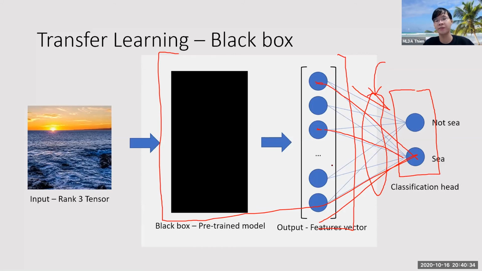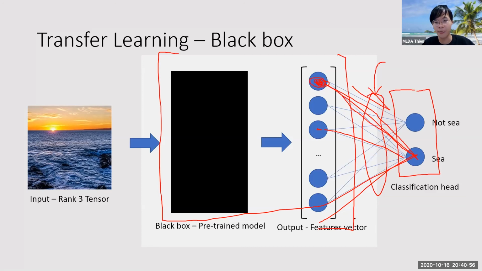Like I showed you in the vector space visualization, there's a very clear distinction between the classes. So it knows, for example, for a sea photo, these neurons will activate and go to the sea class, and for maybe a car or a mountain, this value will be quite small, so it will not activate the car.